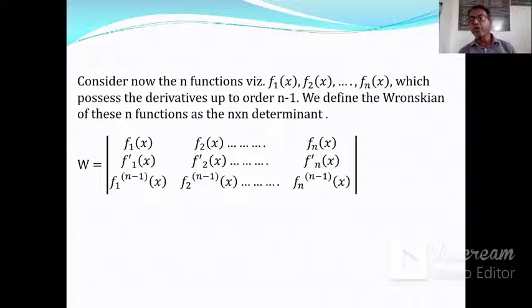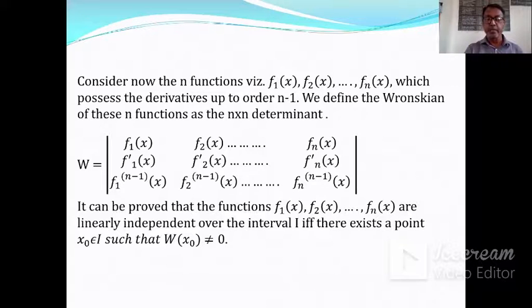If the Wronskian is 0, then these n functions are linearly dependent. If the Wronskian is not 0, then they are linearly independent.